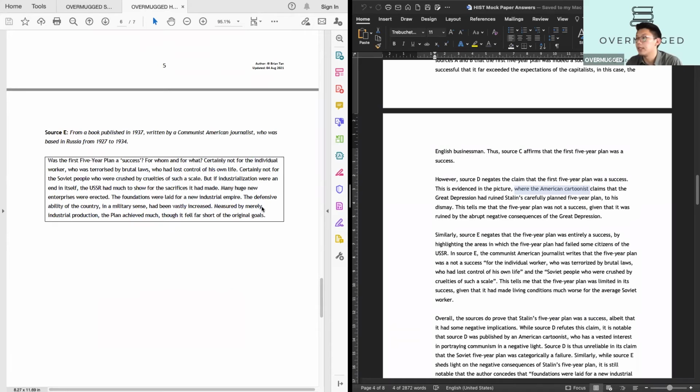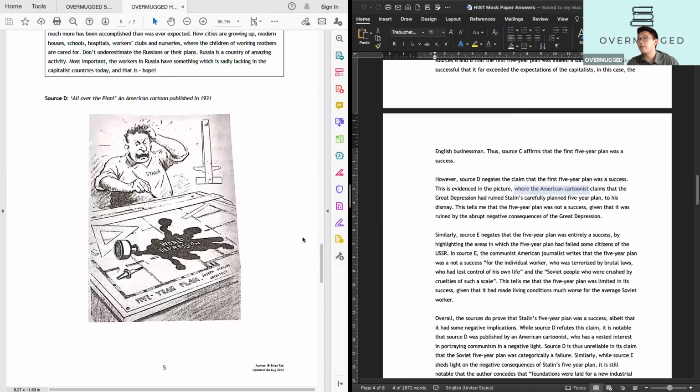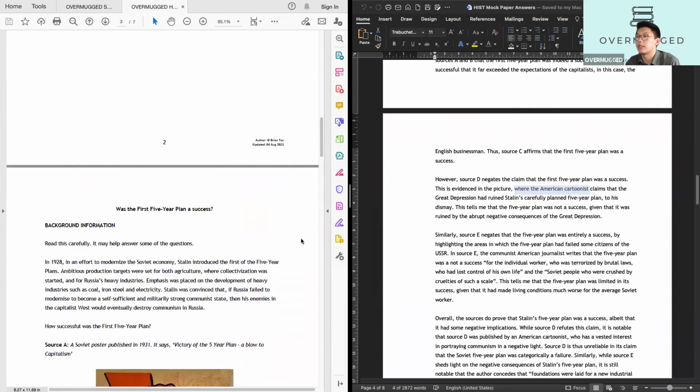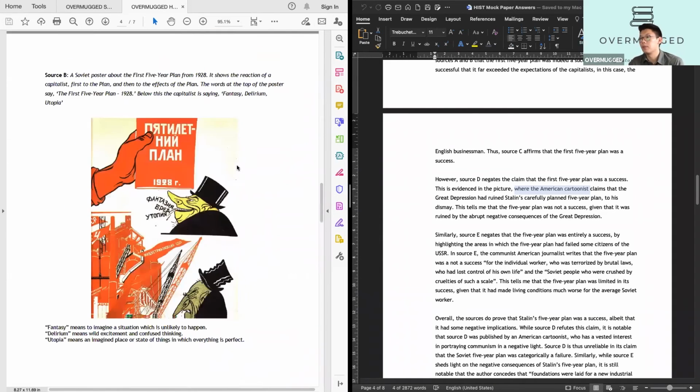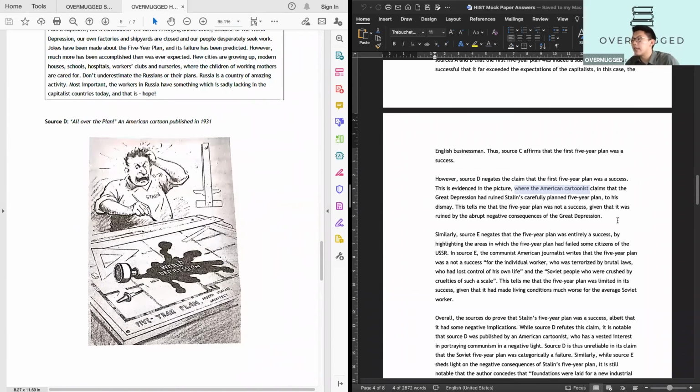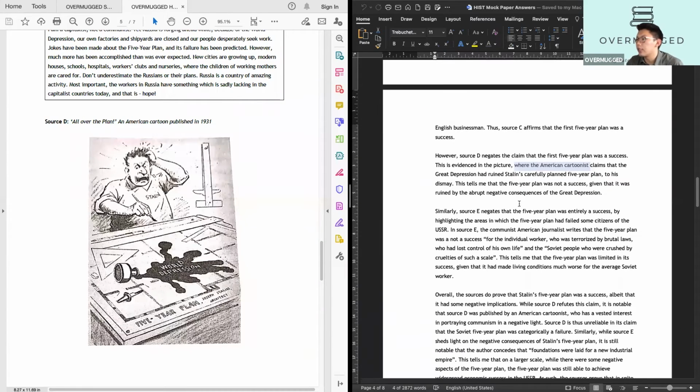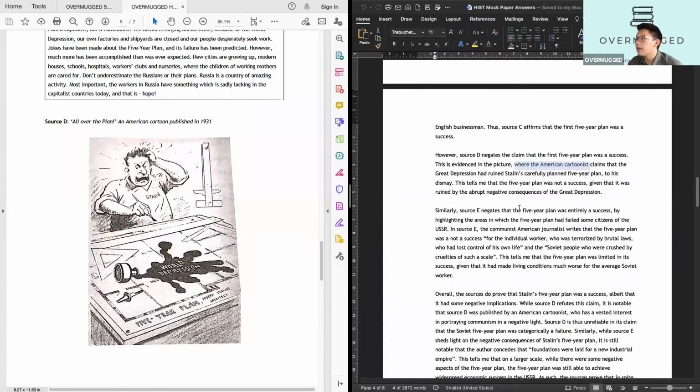Lastly, I use source E, which negates that the 5-year plan was entirely a success. In this case, you have to pay attention to the question itself. The question is, how far do these sources support the view that the 5-year plan was successful? The given statement seems to imply that the 5-year plan was entirely a success.